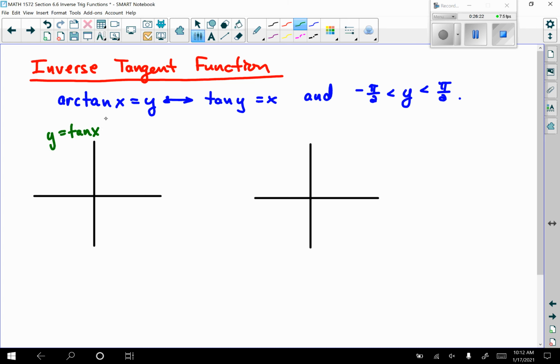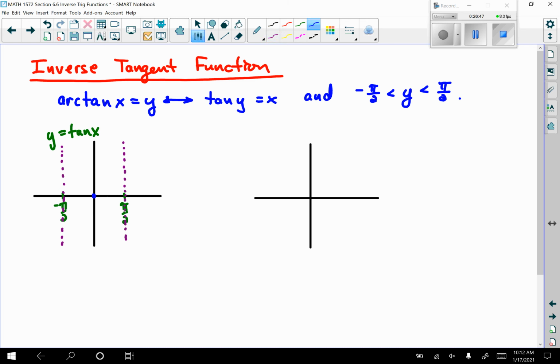So if you recall the graphs of y equals tangent x, and even cotangent, but we'll focus on tangent, there are vertical asymptotes throughout. This happens at negative pi over 2 and then pi over 2, because tangent of both of these values is undefined. Now tangent of 0 is 0.